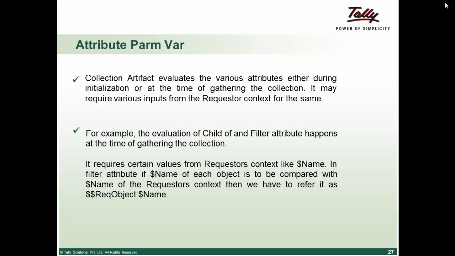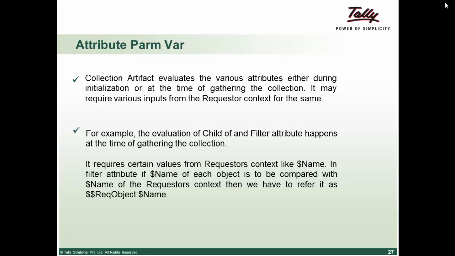For example, say in the trial balance, the main repeat line is of type group, and we explode for its ledger. So it's like a child-parent relationship or for filtration. These things get gathered at the time of gathering of the collection.